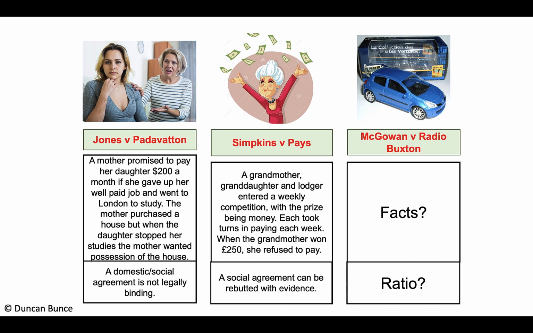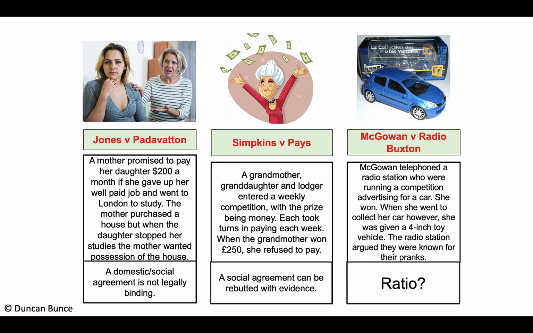McGowan and Radio Buxton, so picture clues you can see there. McGowan telephoned a radio station running this competition for, I think, a Renault Clio car. She won, and then when she went to collect her car, she was given a 4-inch toy vehicle. And of course what she didn't know is that the radio station was a bit of a prank joke radio station.